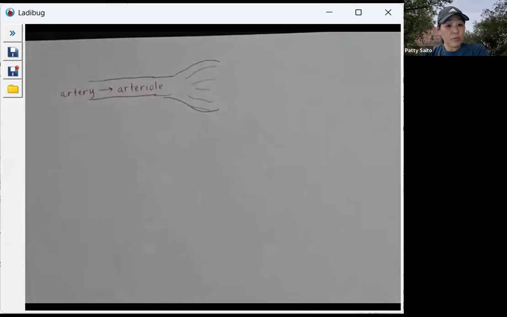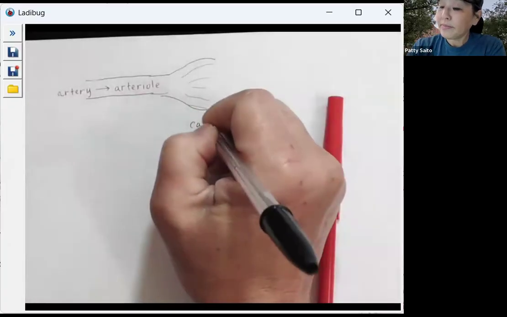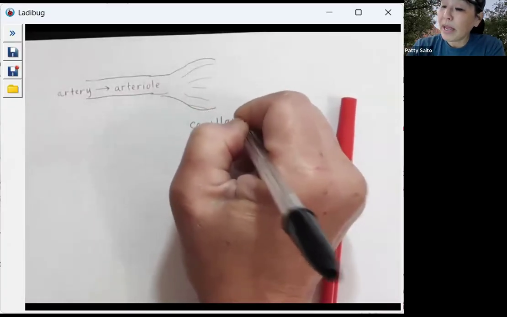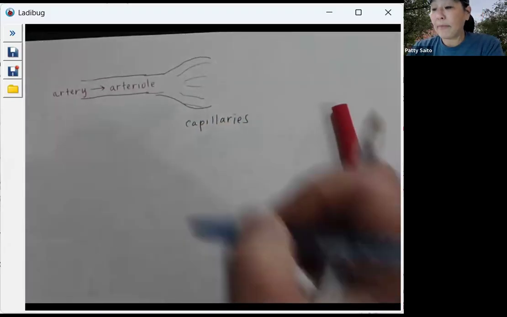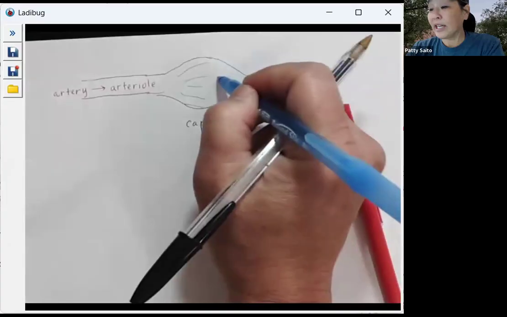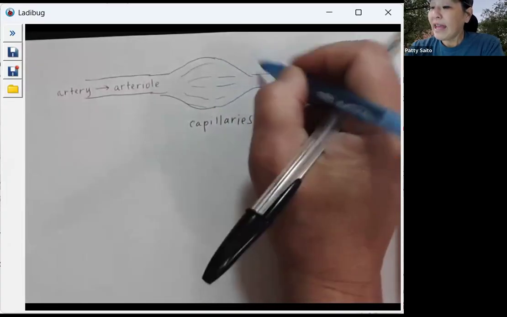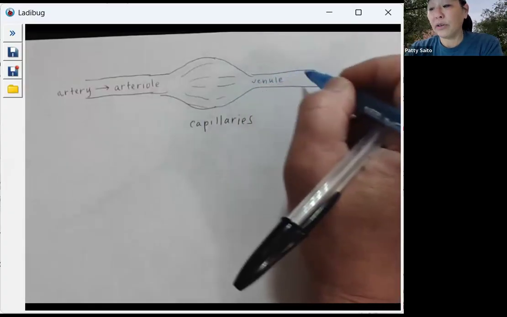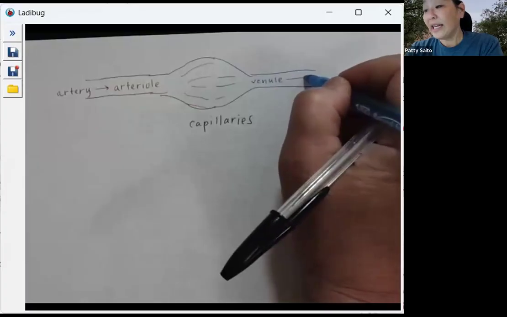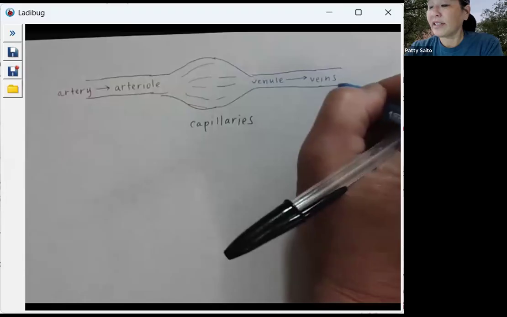Capillaries are very thin walled, so substances can easily pass across. So these are the capillaries, and sometimes we call them capillary beds. Okay, and what happens in the capillaries? That's where we get gas exchange. And then from there, blood goes through venules, small veins, to bigger veins, and then back to the heart.